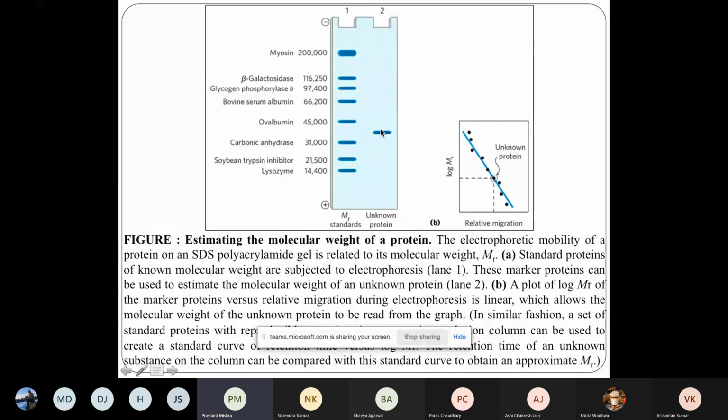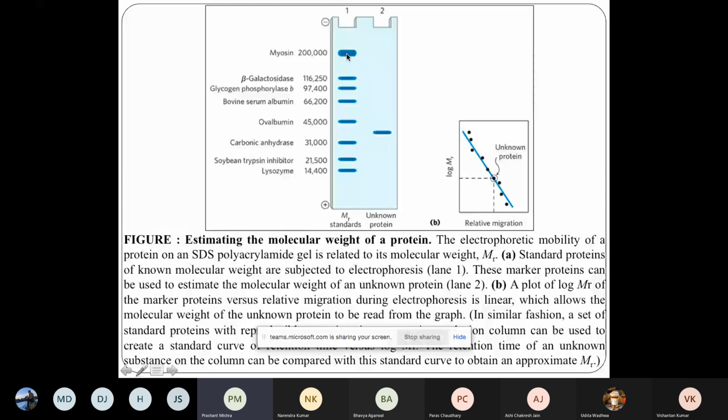If I have to determine the molecular weight of this unknown protein, what I'll do is make a plot of the log of molecular weight of all these proteins. So this is the log of molecular weight of the protein, and this is the relative migration. So what is the relative migration? Suppose you have put the spot here and this protein has moved up to here. The center of this spot will be taken as the relative migration of the protein. So for myosin, this is the relative migration.